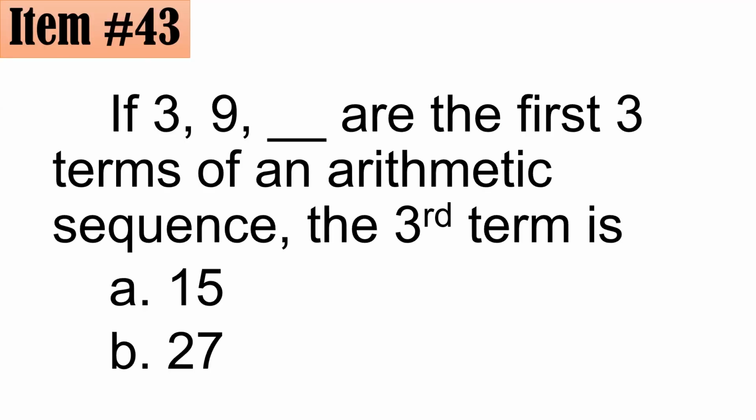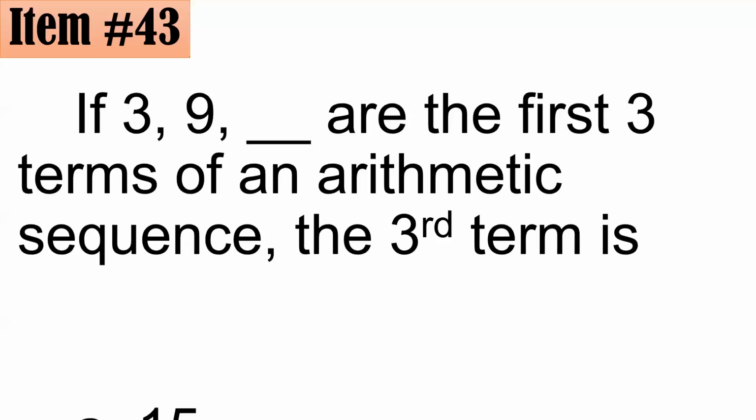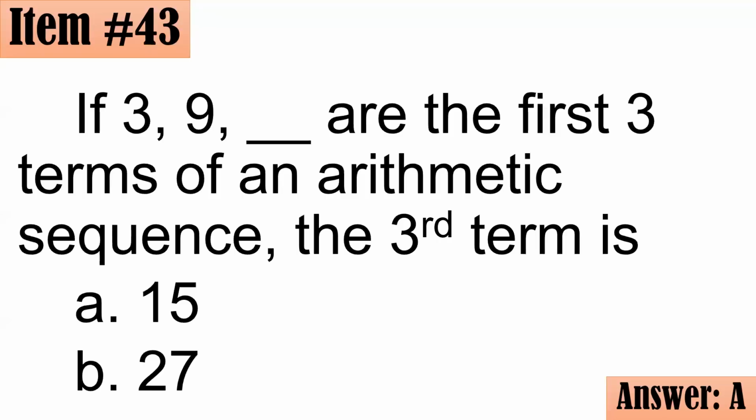Many people answered B. Take note po madlang people ha. Arithmetic sequence has a common difference. Meaning, if you subtract the second by the first, the third by the second, then the value that you will get is constant. And if you answered letter A, you are actually correct.